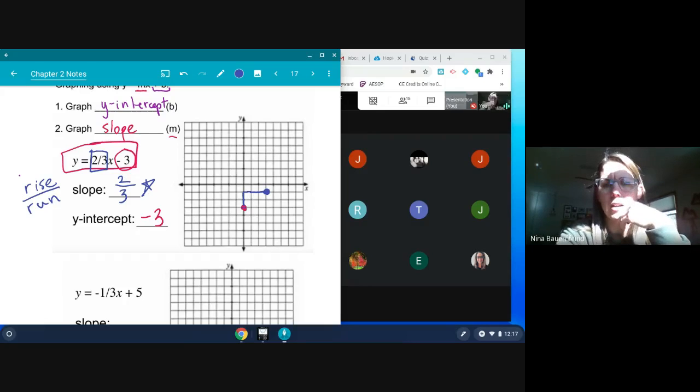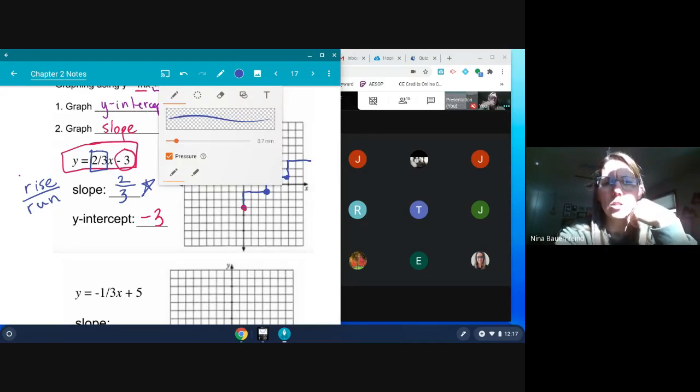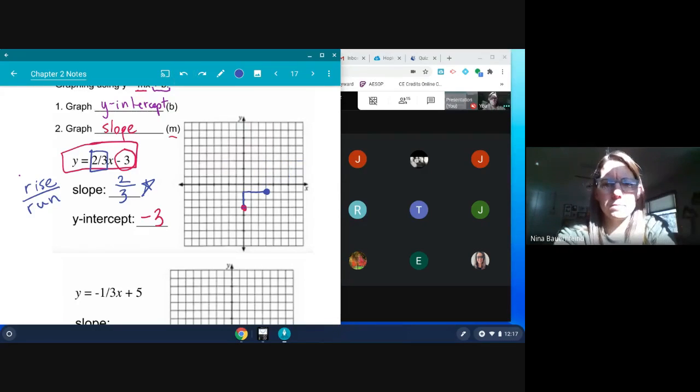This is going to be our next dot. So again, we rise 2, 1, 2, and then run 3, 1, 2, 3. Shoot, we're off the graph. So if you want to, you could also go down 2 and back 3.